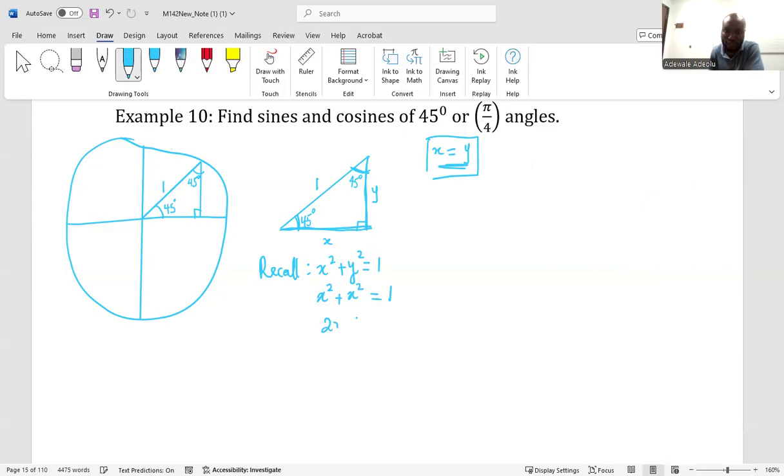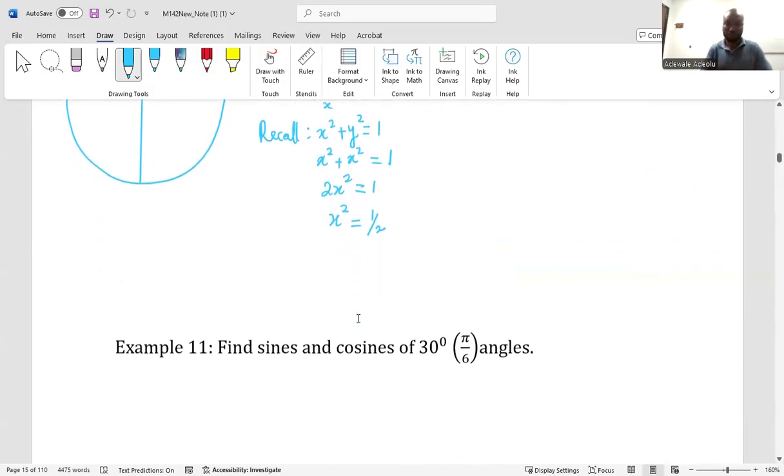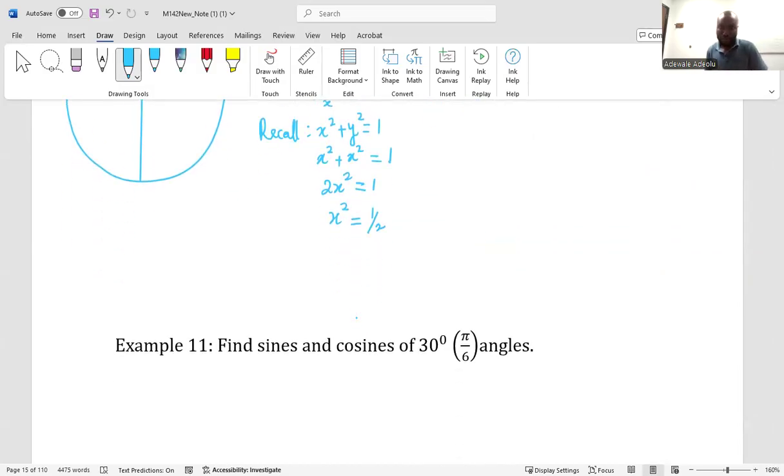So 2x squared equals 1. I can divide both sides by 2, and I have 1 half. I can take the square root on both sides. So I will have plus or minus the square root of 1 over 2. And x equals plus or minus 1 over square root of 2.